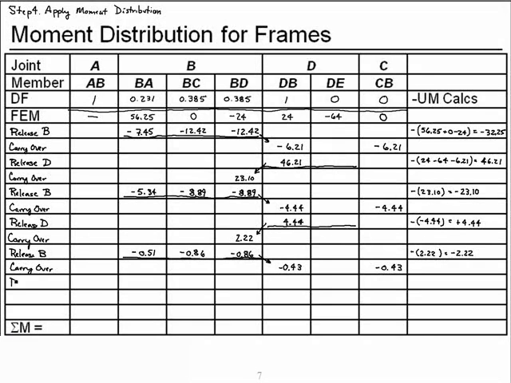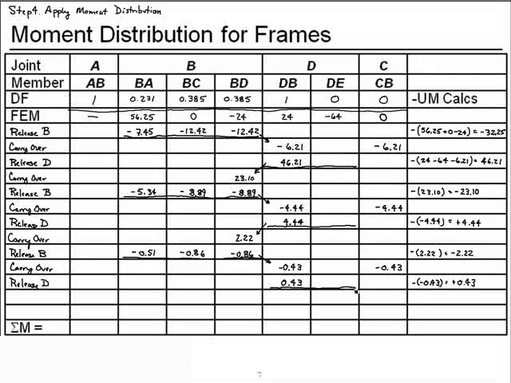So let's release node D. My unbalanced moment is a negative 0.43 foot kips, this one. And so when I reverse the sign, I need to distribute a 0.43 foot kips. The distribution factor is 1. It all comes into the member DB.